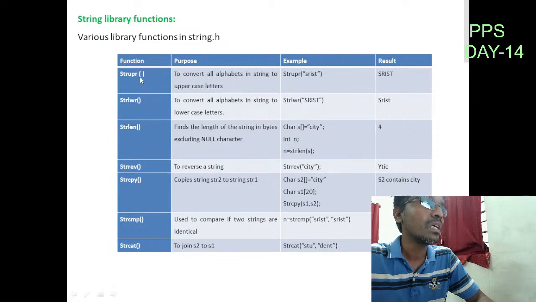Otherwise, the string methods or string functions cannot be identified. So if you are writing any program on strings, the first step is to write #include <string.h>. Then only it will accept all these functions. Otherwise, it cannot be accepted.